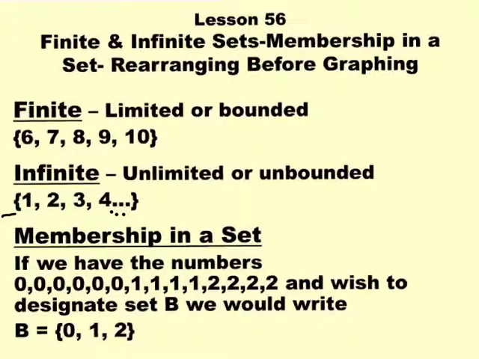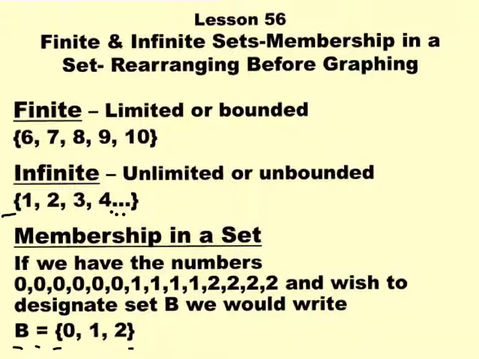Alright, so membership in a set, if we have these numbers, we've got 1, 2, 3, 4, 5, 6 zeros, 4 ones, 4 twos, and we want to say that this is set B, then what we need to do is write B equals, and then we're going to use these brackets to indicate a set, and we only need to include each different numeral one time.